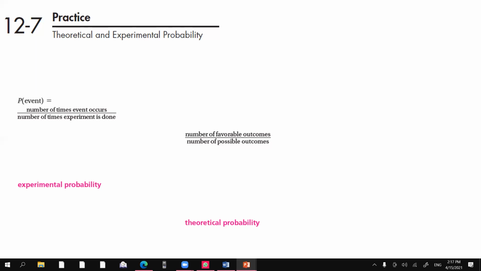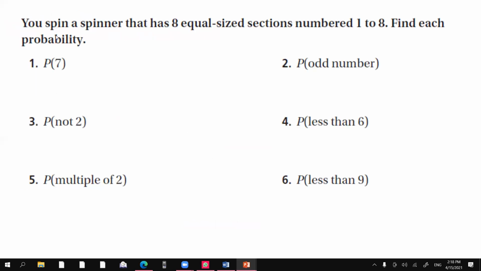So this will be theoretical, and its probability will be the number of favorable outcomes over the number of possible outcomes. Now, let's have this example here. Both of them have the same formula.